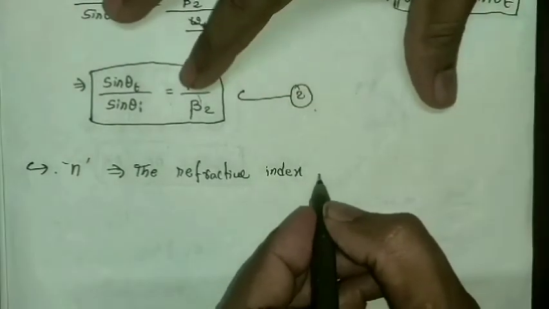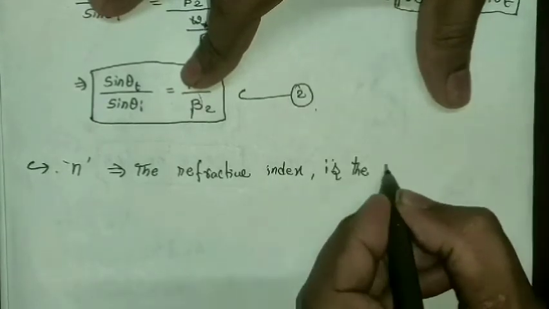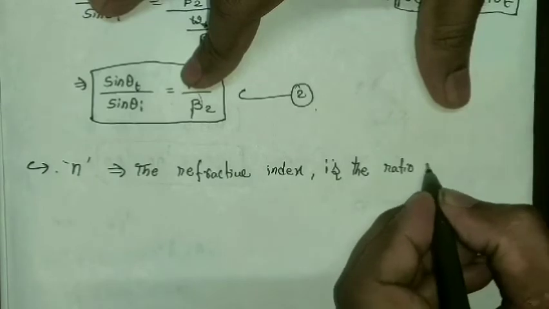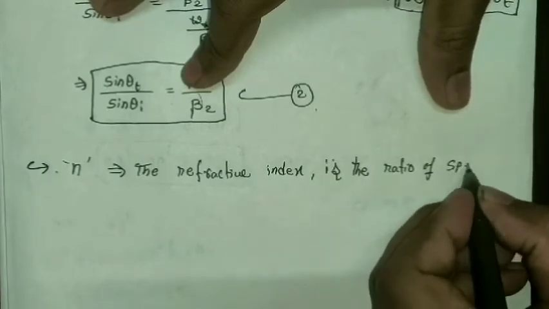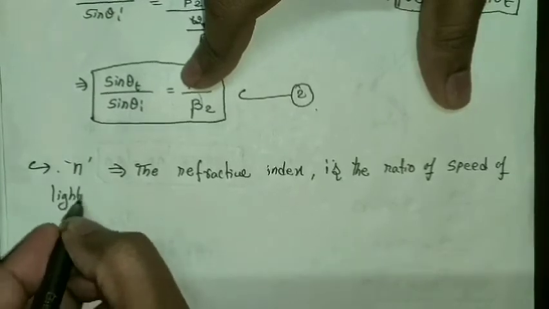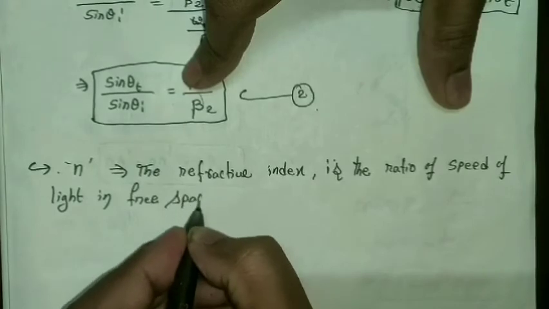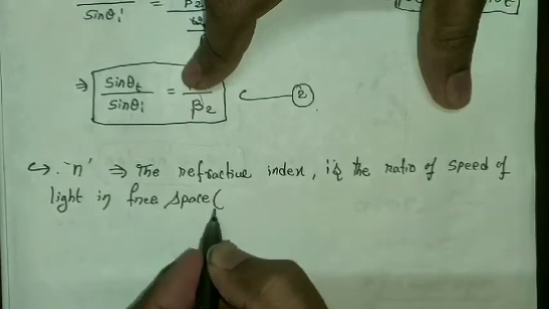It is the ratio of the speed of light in free space.